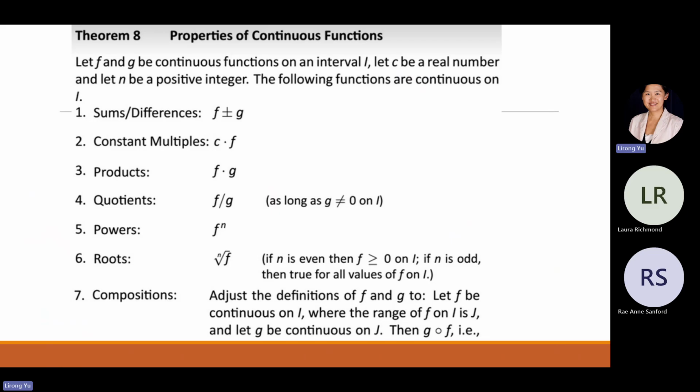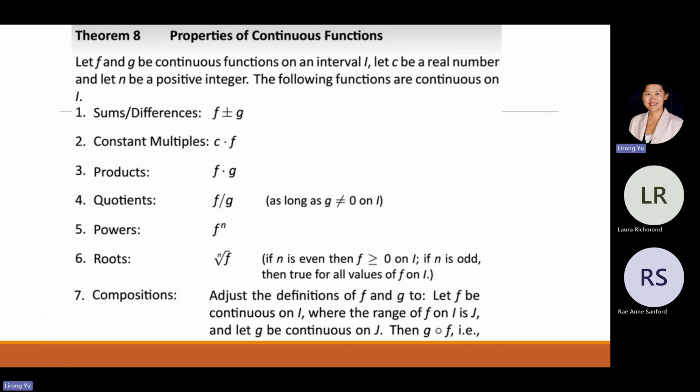Division and root are two common examples where we have specific discontinuity. And last one, composition. Essentially, a composition of continuous functions should still be continuous except when one function falls into a discontinuity of the other function. So that's something we might want to look at when we see it.